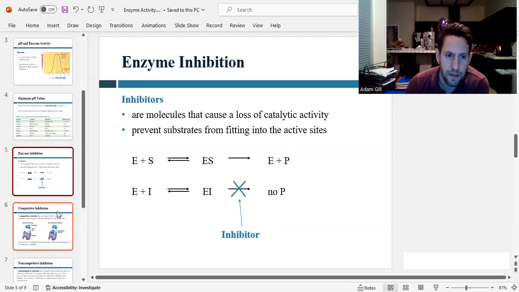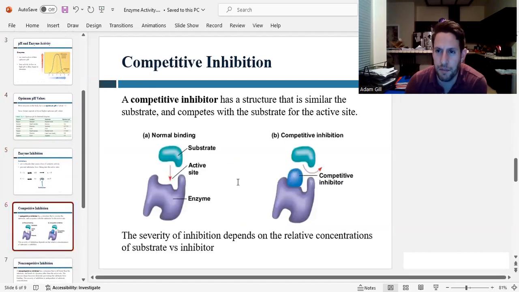So let's take a look at competitive inhibition. Competitive inhibitors have a structure, like a 3D shape, that is similar to that of the substrate. Because they have a similar shape to the substrate, they bind to the active site of an enzyme.